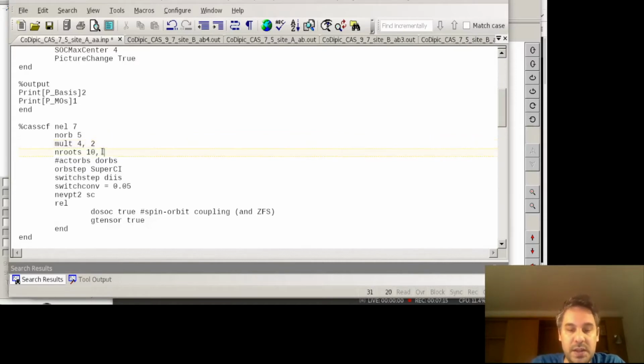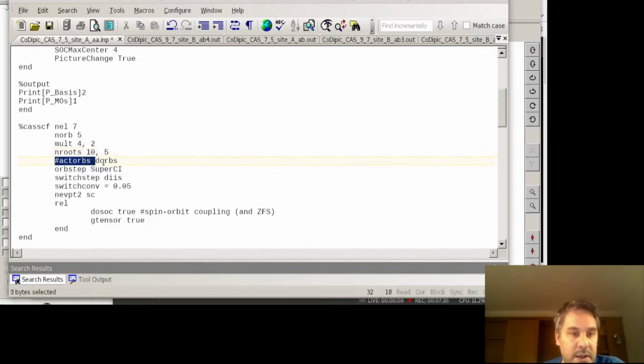I'm also choosing some low spin configurations, but I know that given the kind of structure, the low spin roots will not be very important. So I'm only choosing the lowest ones. But you can actually choose different numbers of roots, and you can see for yourself.